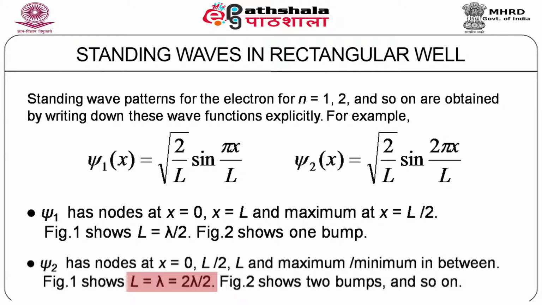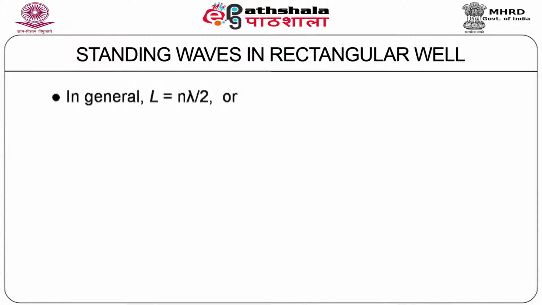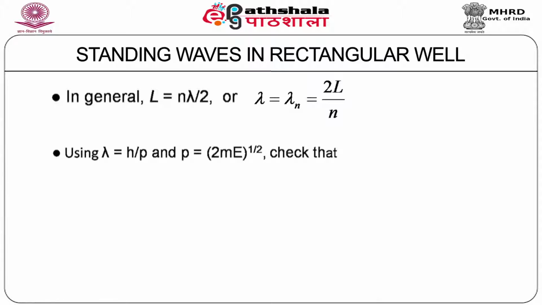That's the probability psi square. It shows 2 bumps, and so on. So in general, L equal to n lambda by 2, or lambda equal to 2L by n. So using lambda equal to h by p and p equal to 2mE under the root, you can check that E equal to n square h square by 8 m L square.